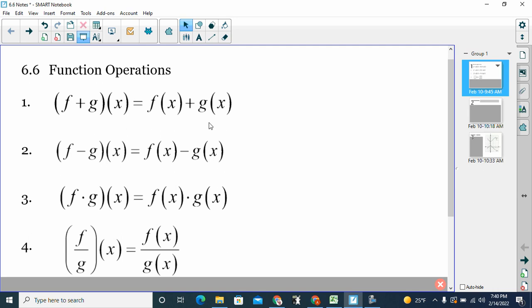Last chapter, we talked about adding or subtracting or multiplying polynomials. We've been adding, subtracting, multiplying, even dividing radical expressions in this chapter. We had both long and synthetic division if we were dividing polynomials. So there's lots of ways that we can evaluate those things.